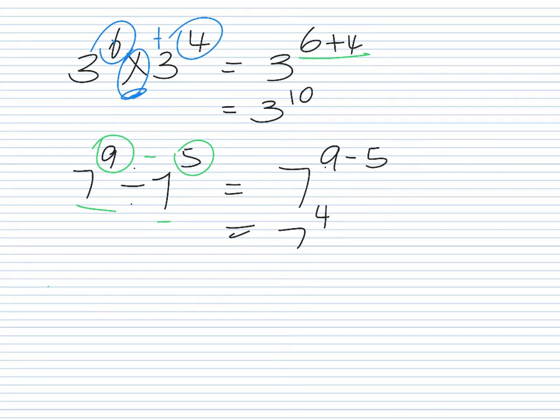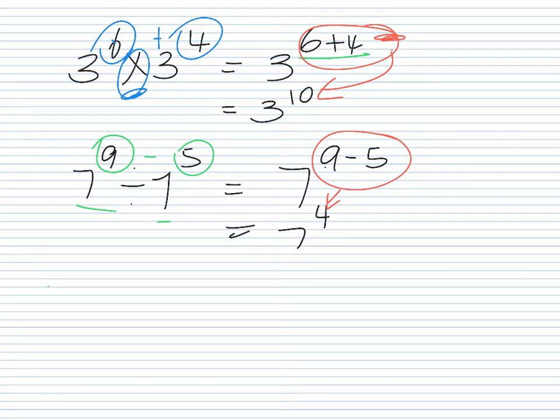If we were working with pronumerals though, unlike up here where we've been able to simplify this number and actually call it 10, and here we've been able to simplify 9 take 5 and come up with an answer of 4, when we're dealing with pronumerals, we leave it as we see it because we don't know the value.